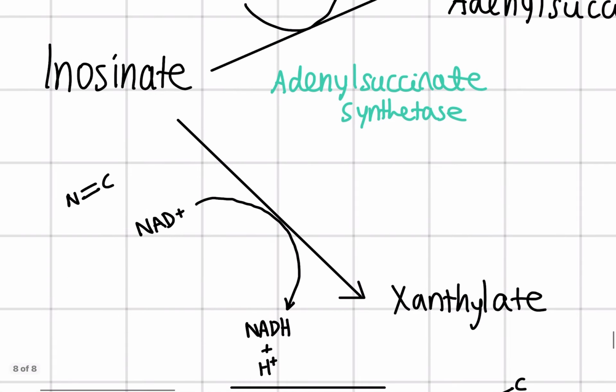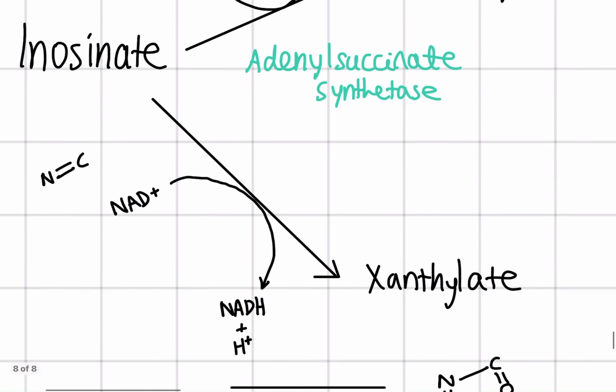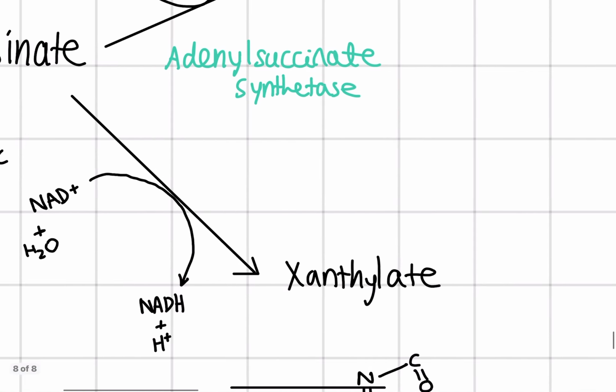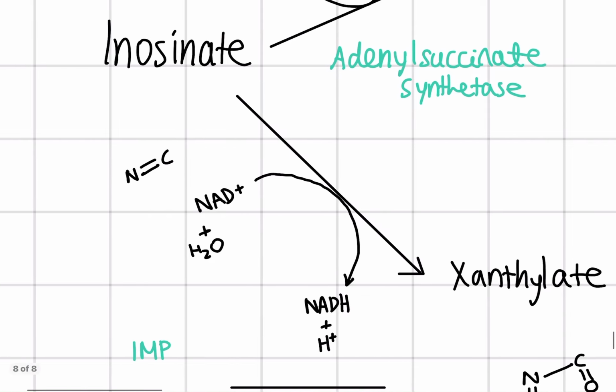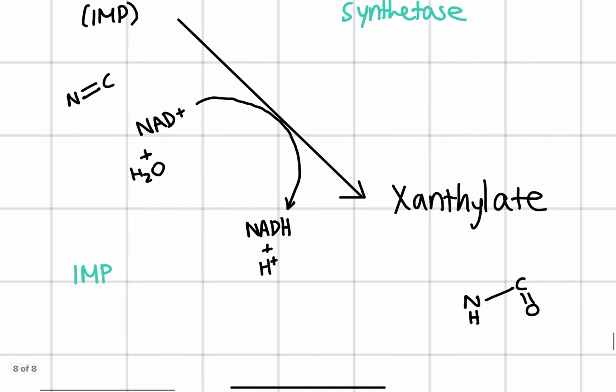And so inosinate is oxidized into xanthylate. And what's the enzyme called if we're involved in NADH? Of course, IMP dehydrogenase.